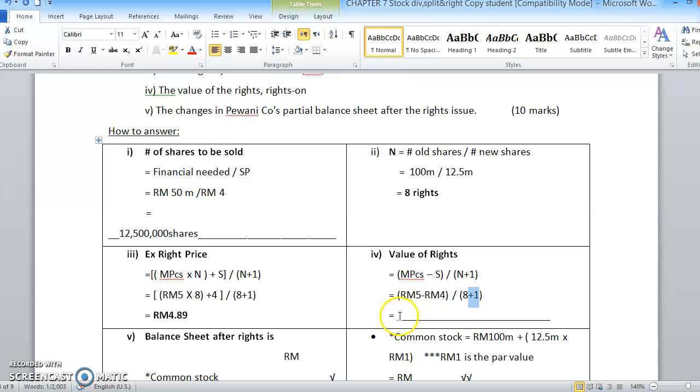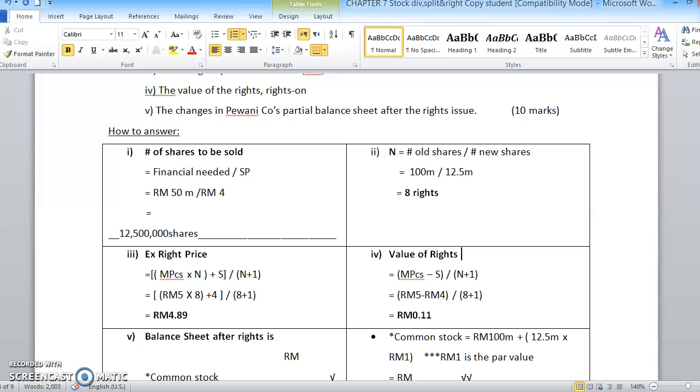So berapa yang kita akan dapat sebagai value of the rights or rights on? Yes, you will get RM0.11 or 11 cent. So this is your answer for the value of rights or rights on.